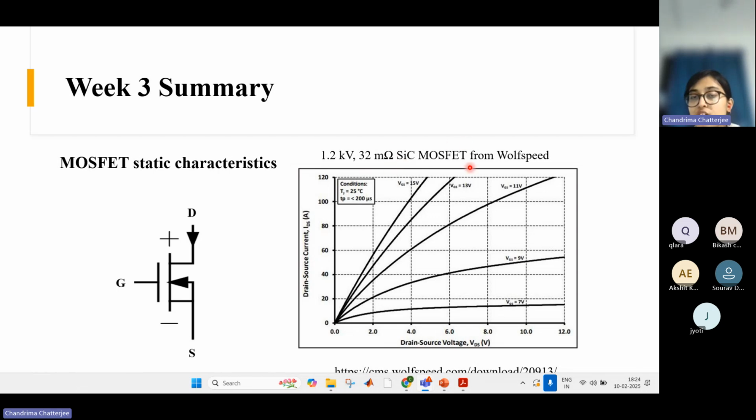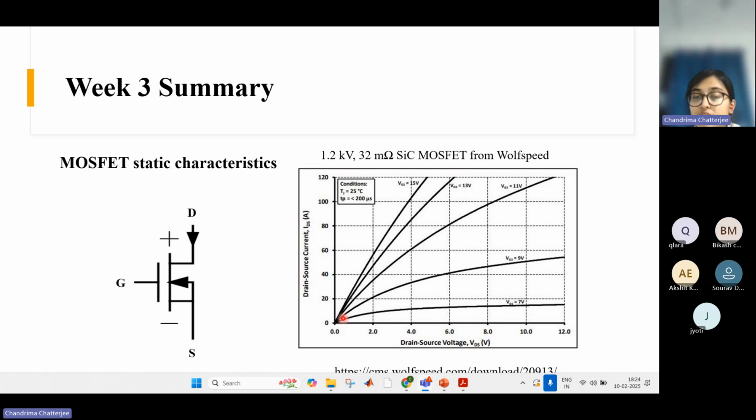These MOSFETs are called wide bandgap devices because these MOSFETs are very efficient and very fast. They are faster compared to the silicon MOSFET. So you can check other different types of data sheets. Here I have provided the static characteristic of the SiC MOSFET.